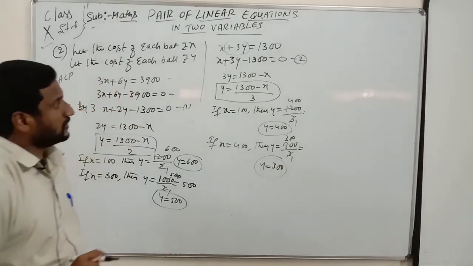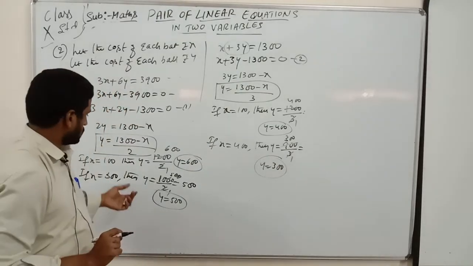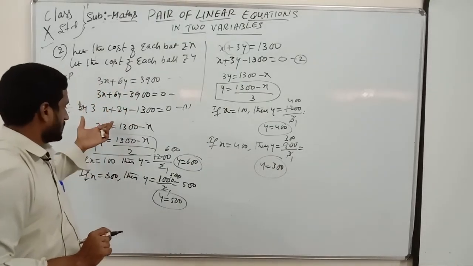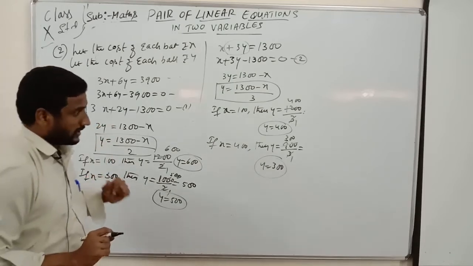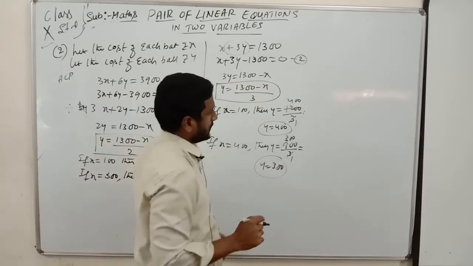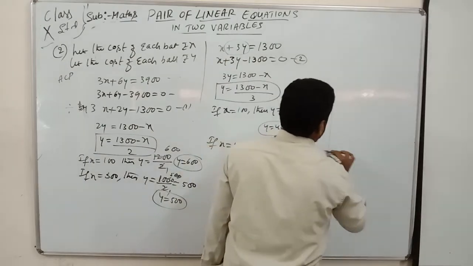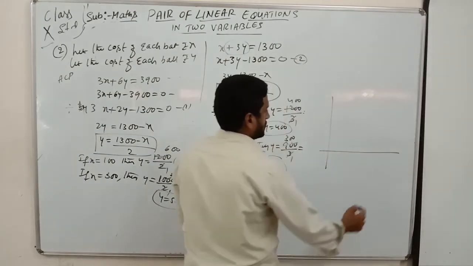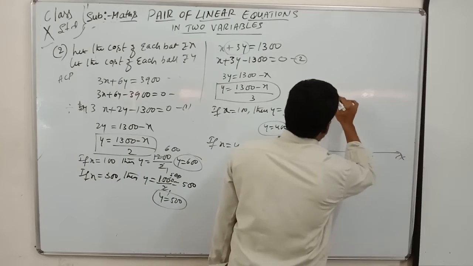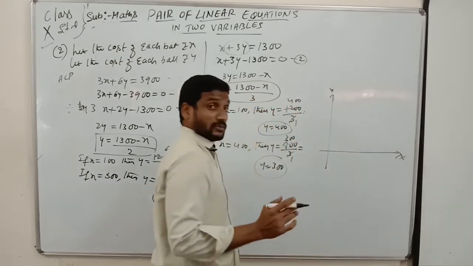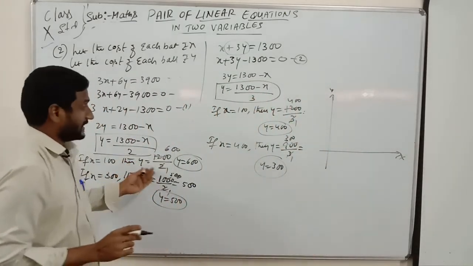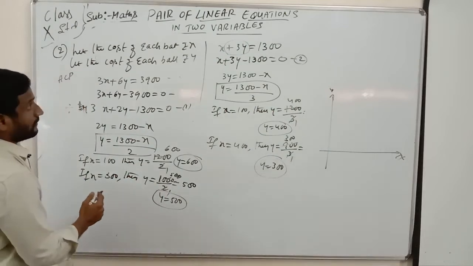So I think you understood, no? So next, our x value and y value I got by this equation. I have two values from this equation. Next, the graph. This is the x-axis and y-axis. While taking the x and y axes, you can take it by seeing the column. For this, you can make a tabular column here.